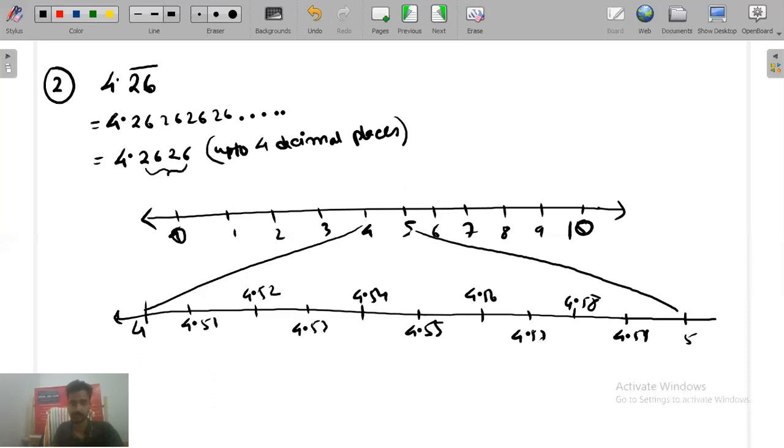Then again see, 4.2626. There is a mistake here. It will not be 4.51; it will be 4.1.